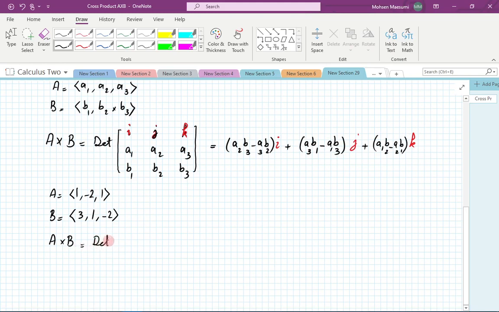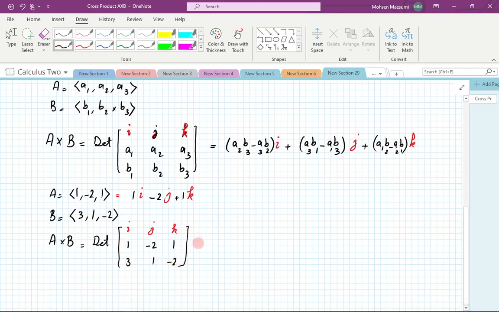Well, we said this is the determinant of such a matrix. On the first row, we have just i, j, k. Remember, i, j, k was the notation we were using for vectors. If you want to write this thing as a vector, you could write it as 1i minus 2j plus 1k, and so on. So I just write the first vector here, the second vector here, 3, 1, minus 2.